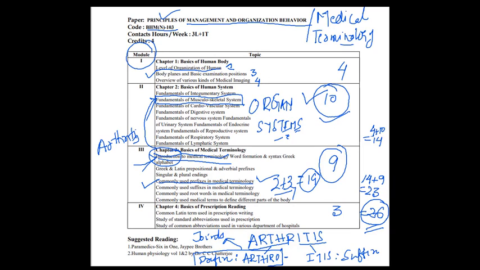That's not a very difficult concept. If you take any three-dimensional object, you can divide that object in 3 different planes. These are known as the body planes. We have the sagittal plane, the coronal plane, and the transverse plane. These 3 are the major planes in which the body can be divided.